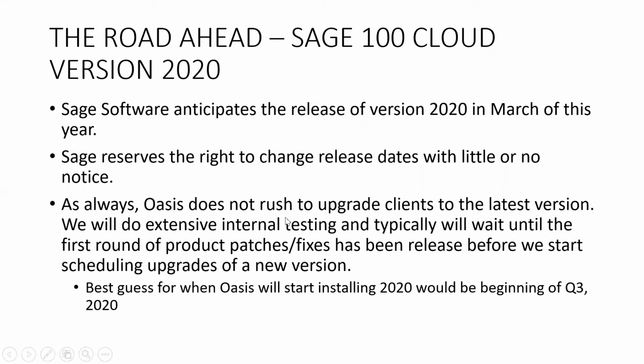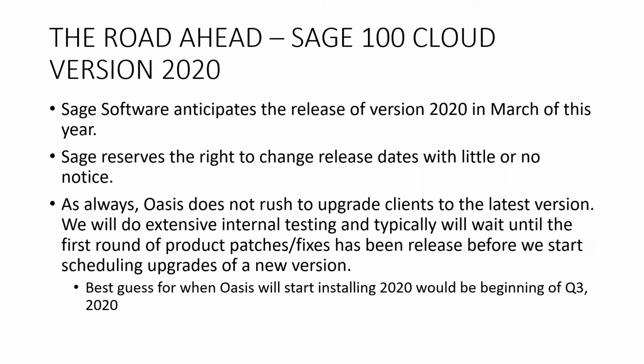So with that, and this is what I was going to mention when I was answering the previous question, we do not rush into upgrading clients with the very latest version. We install here and do extensive internal testing, and we typically wait until the first round of product updates, which are basically patches and fixes, are released before we start installing it ourselves.